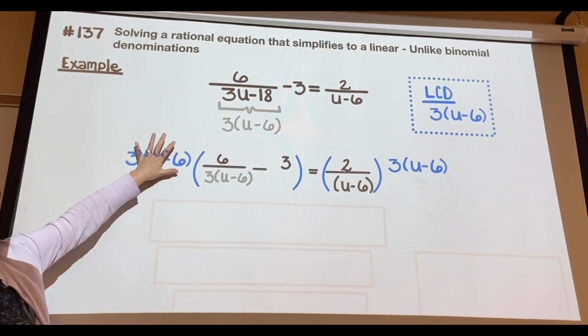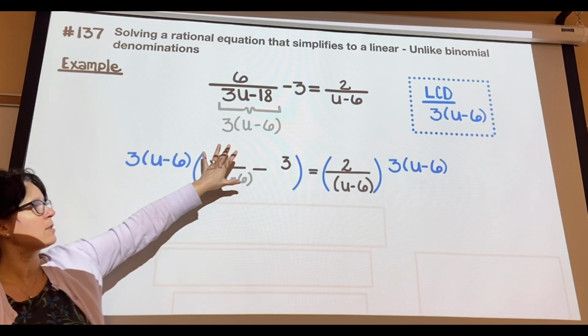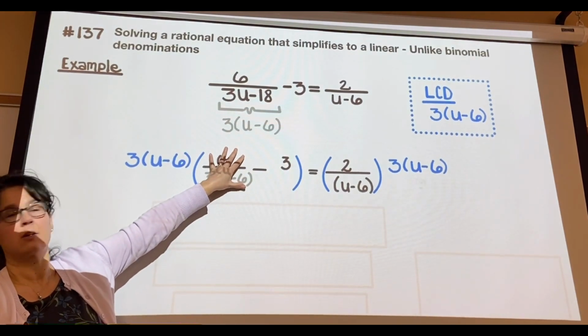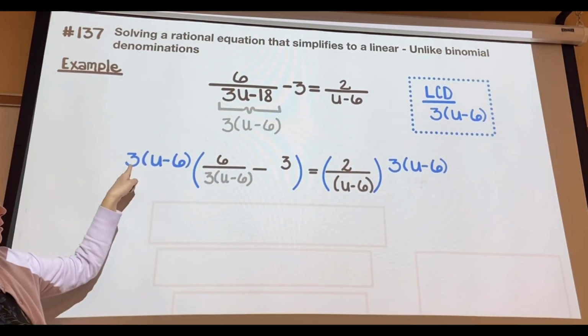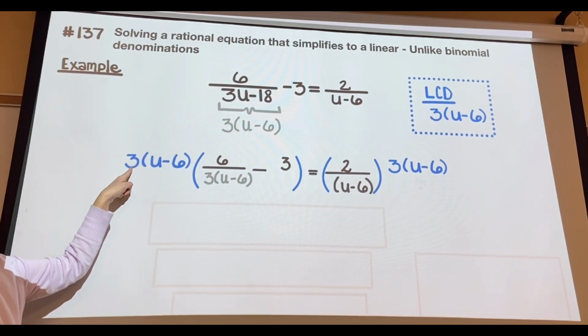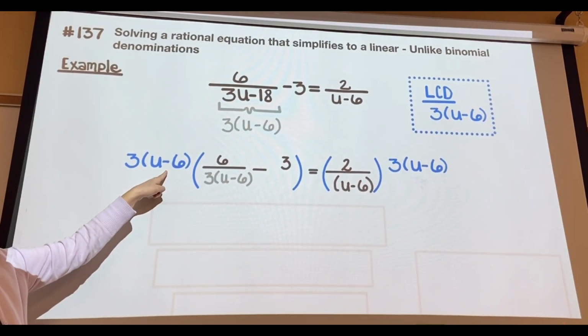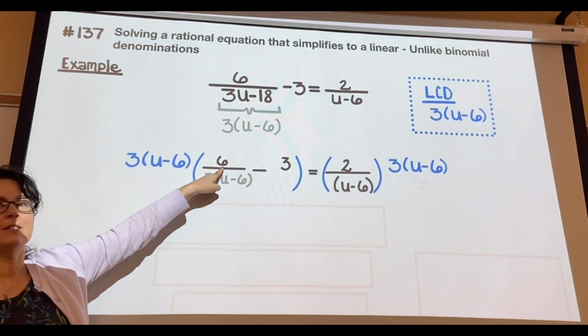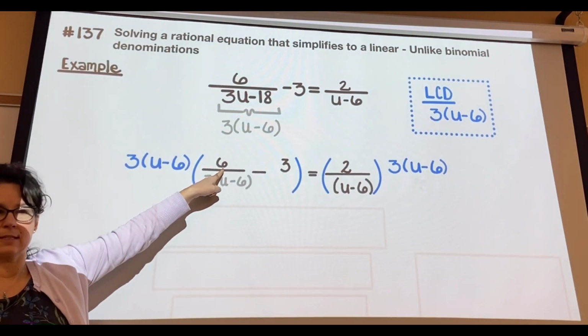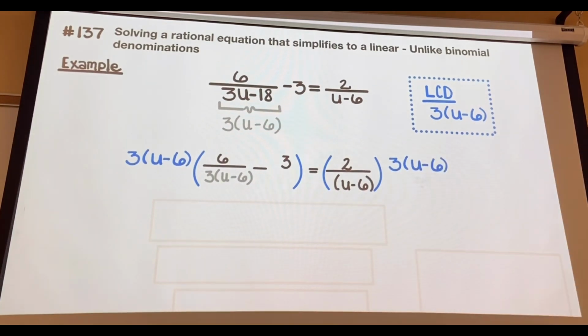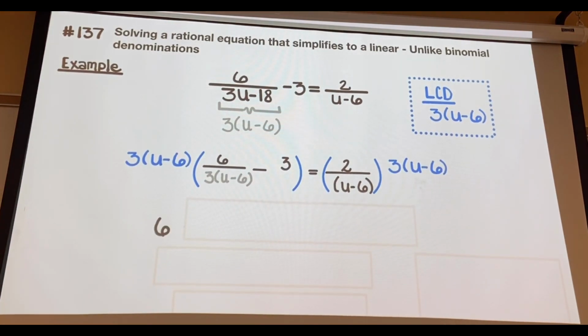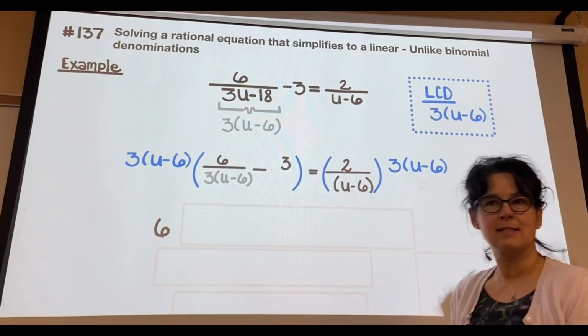When you take the blue times the first fraction, the 3 and the 3 cancel. The u minus 6 and the u minus 6 cancel. So the only thing left is the number 6. So far, all I have is 6.